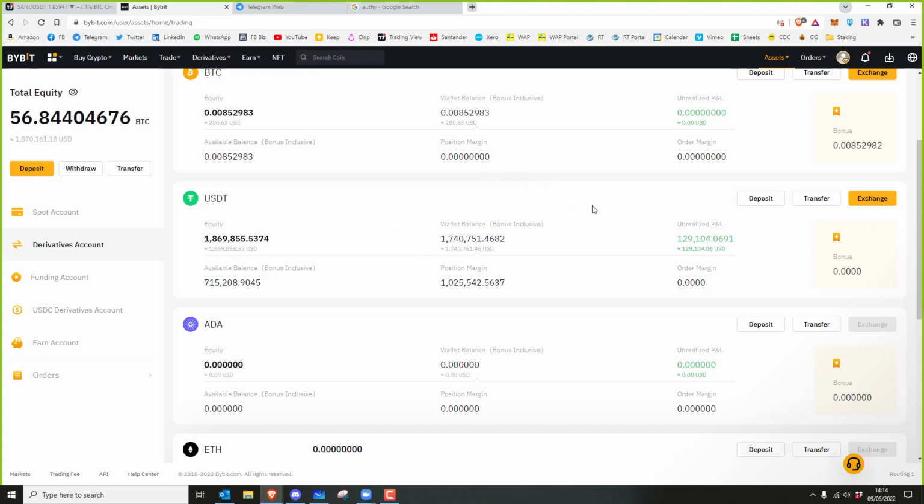So as it says here, position margin. Every time you place a trade, it simply apportions a chunk of your wallet to run that trade, and every trade will have a margin requirement, which I'll talk about in a minute.